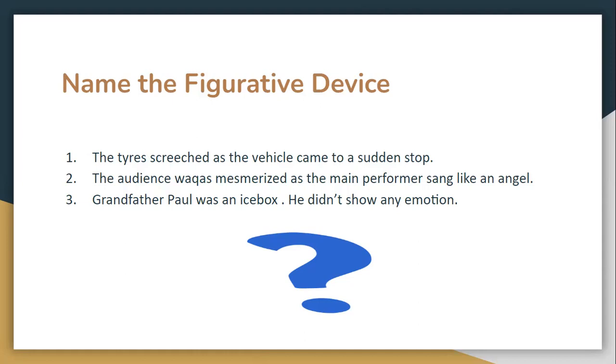The audience was mesmerized as the main performer sang like an angel. And that, of course, you guessed it right, is an example of simile. So the singer did exceptionally well and sang like an angel to show you how beautiful it was.